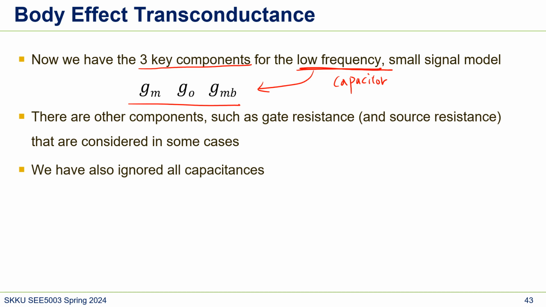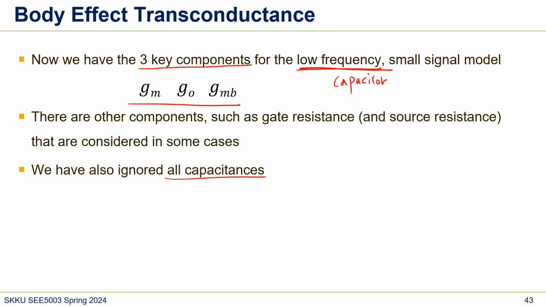We still are going to use these three components for high frequency. It just says in the low frequency model, these three are the only components. There are other components such as gate resistance, and we'll see an example here. And because it's low frequency, we also ignore all capacitances.